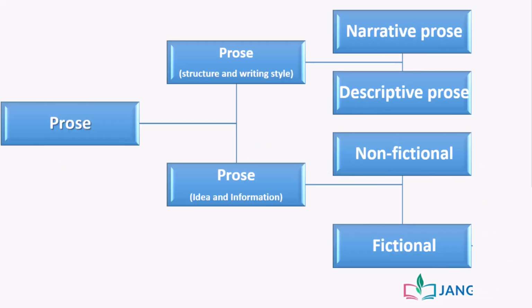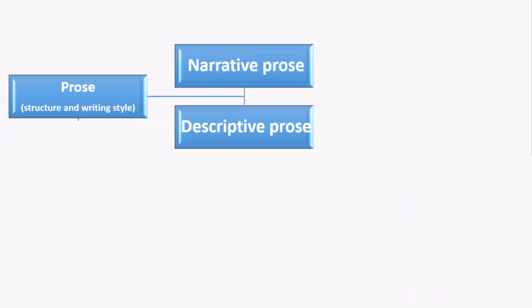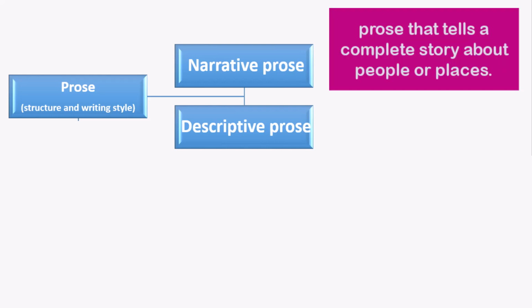There are different kinds of prose based on different criteria, and we shall be looking at them in this class. As regards the structure and style of writing, prose can be divided into 2. 1. Narrative prose, which is prose that tells a complete story about people or places, as well as 2.